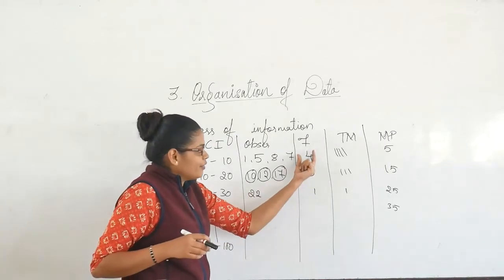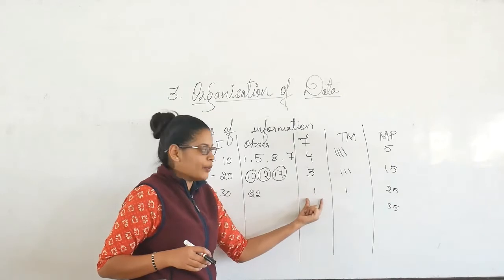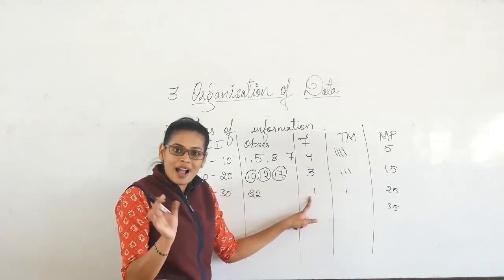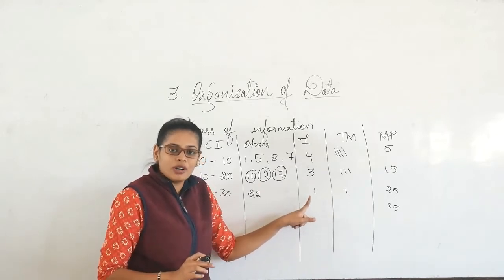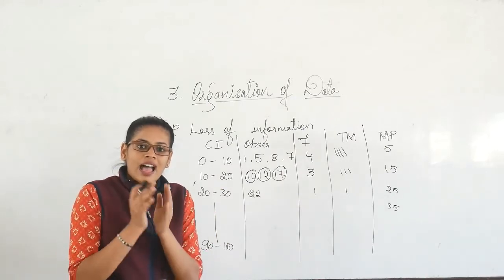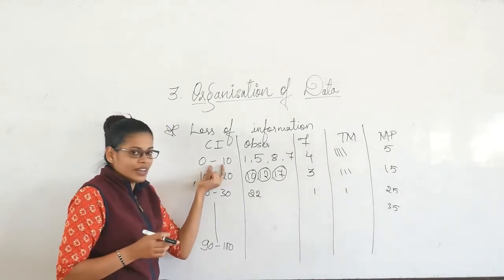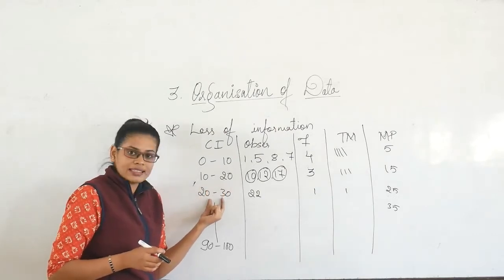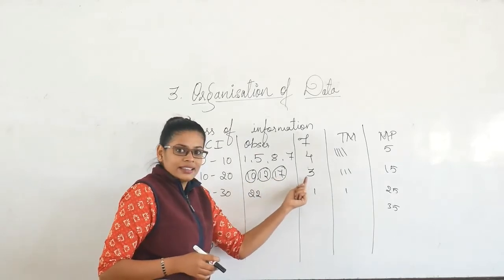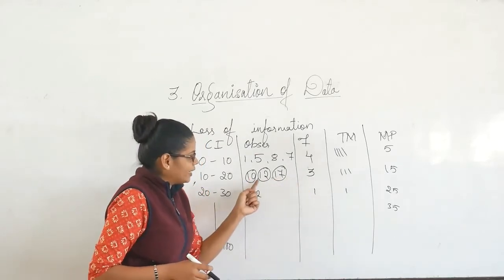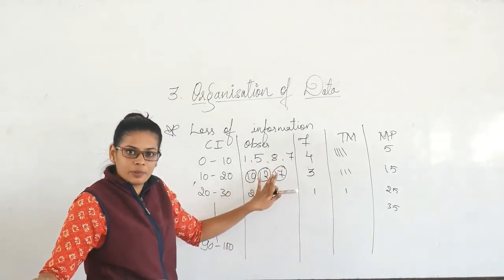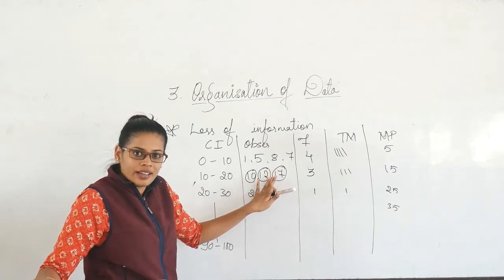Now, when we have collected this data, the frequencies 4, 3, 1 are not the marks scored by the students. What the frequency is stating is how many students have scored in this range, in this class interval and also in this class interval, right? But do we know that? Can you guess that these 3 students have scored 10, 12 and 17? Can you guess if you do not have this observation? You cannot guess, right?